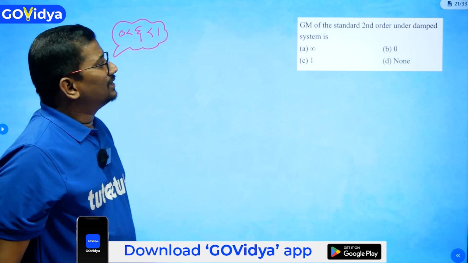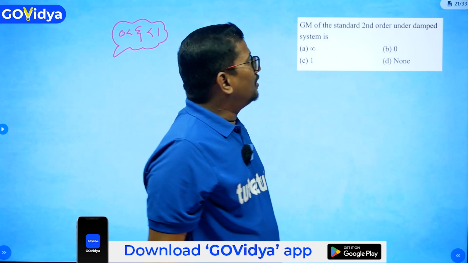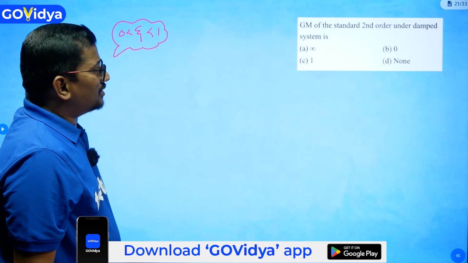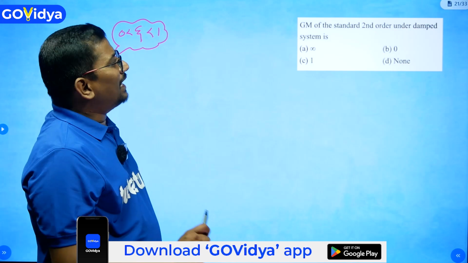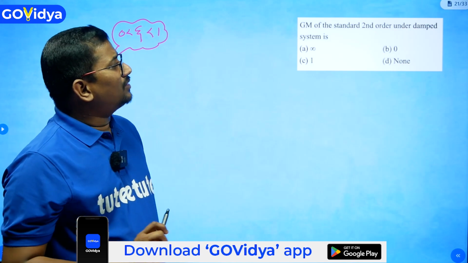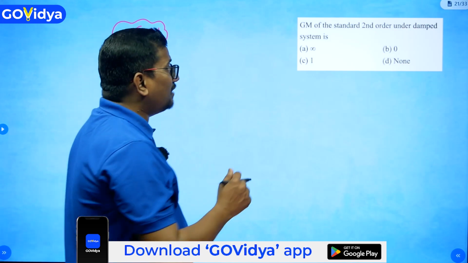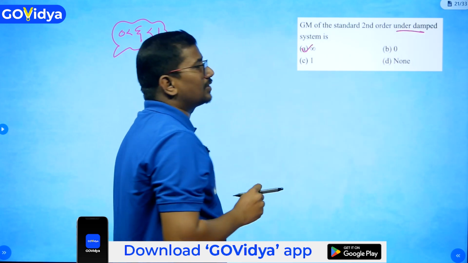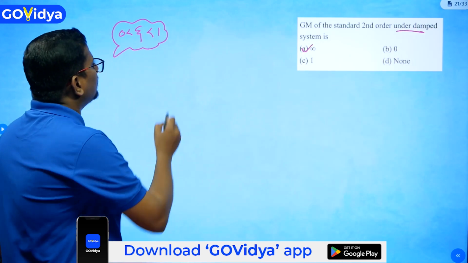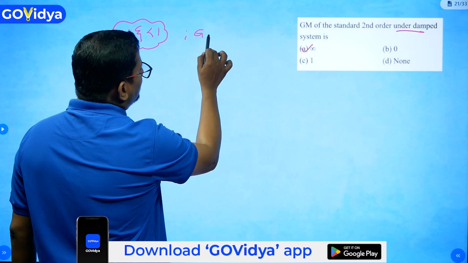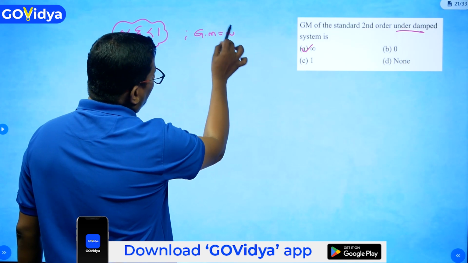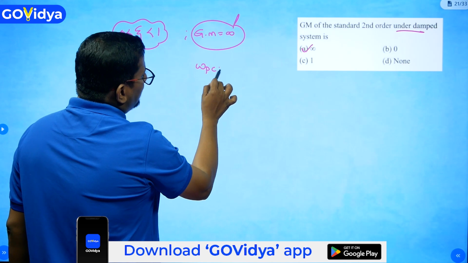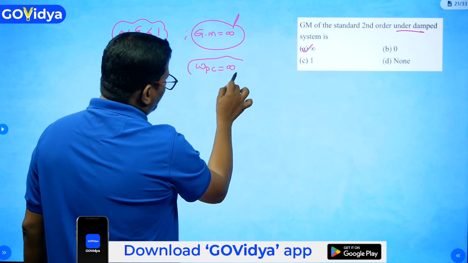So for the standard second order underdamped system, the gain margin is always infinite. Always infinite. So therefore the gain margin is always infinite, because its omega pc is also infinite. That is one of the reasons.